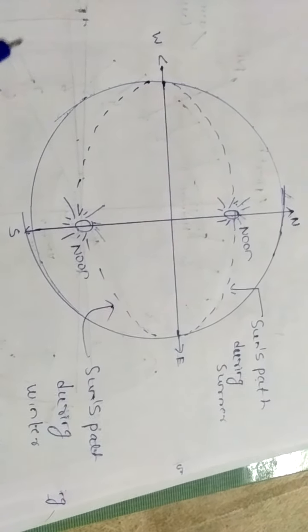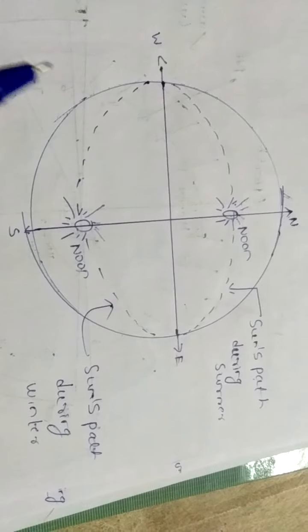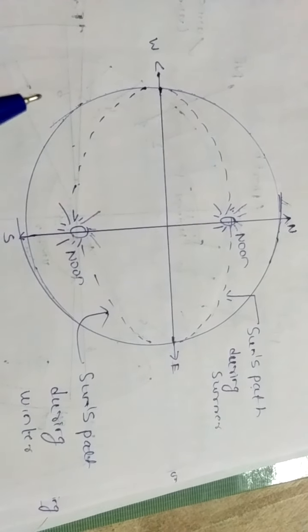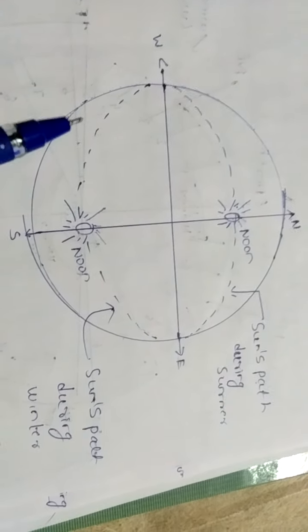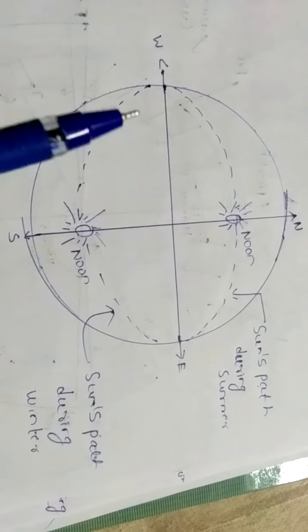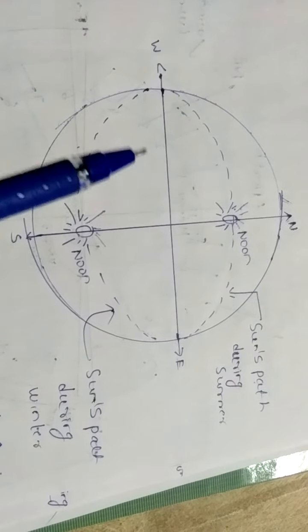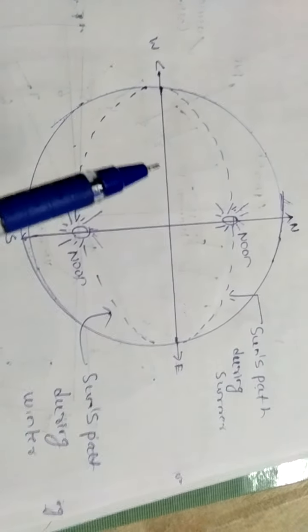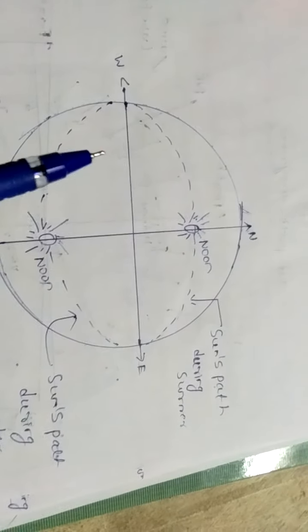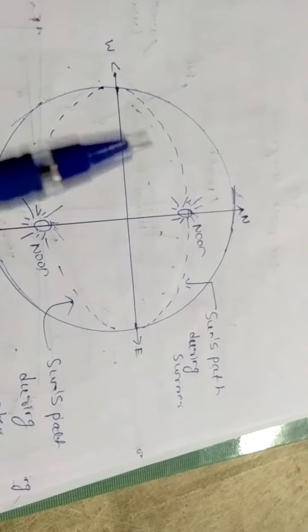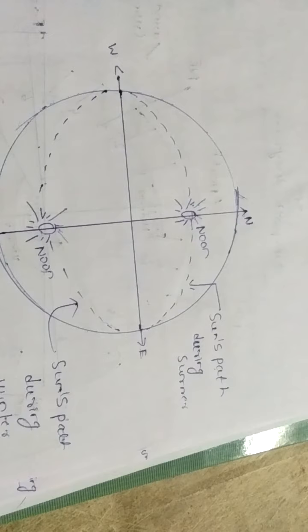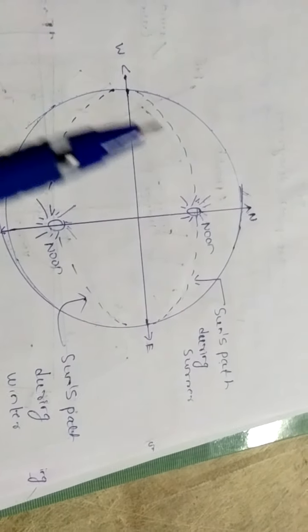If we want our home to be eco-friendly, if we want to tap the solar energy, how should be the orientation of the solar panels? That is, how should be the direction of the solar panels in the building such that it will get maximum solar energy from the sun. So this we have to divide in two parts.